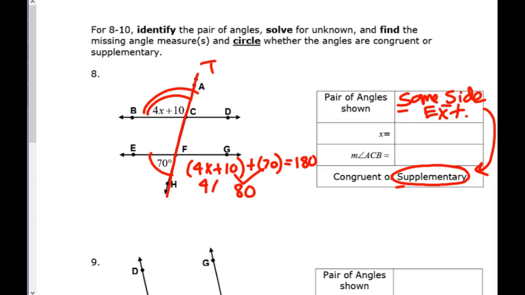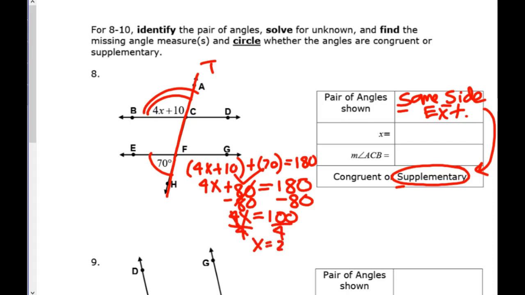Bring down 4x plus, and then bring down equals 180. Now I get rid of the loner. Minus 80, minus 80. 4x equals 100. And then to get rid of that 4, divide by 4, divide by 4. X equals 25.